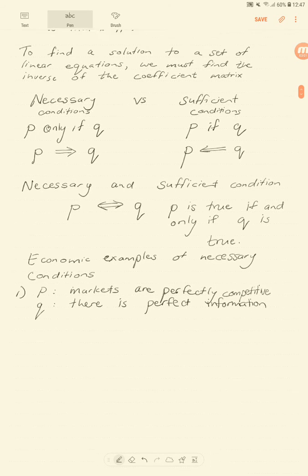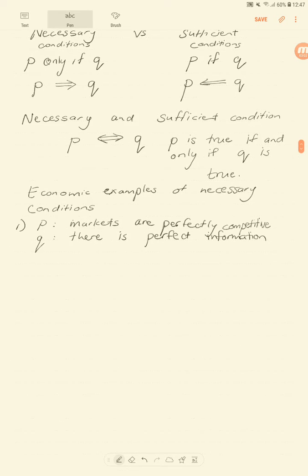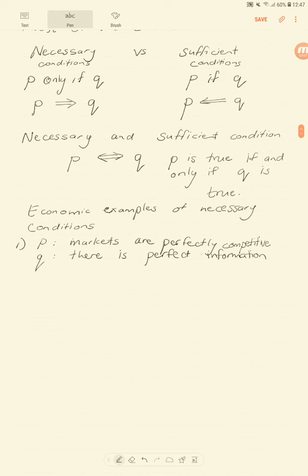We know that markets can only be perfectly competitive if there is perfect information. That means perfect information is a necessary condition for perfectly competitive markets.